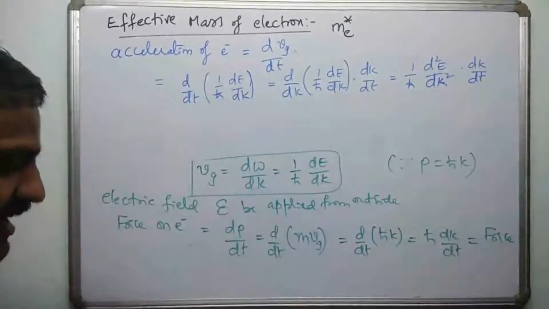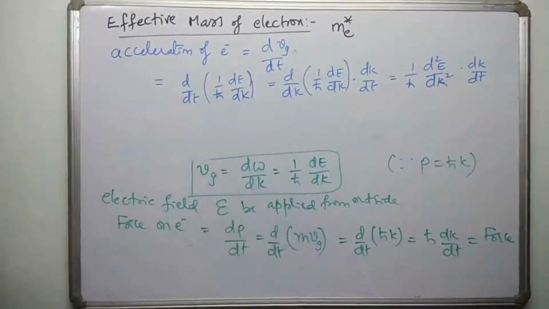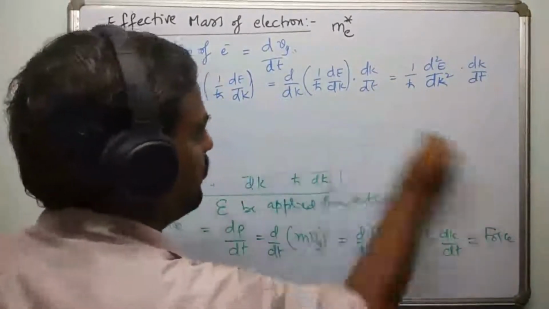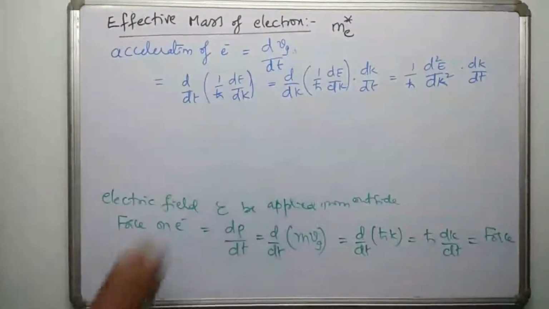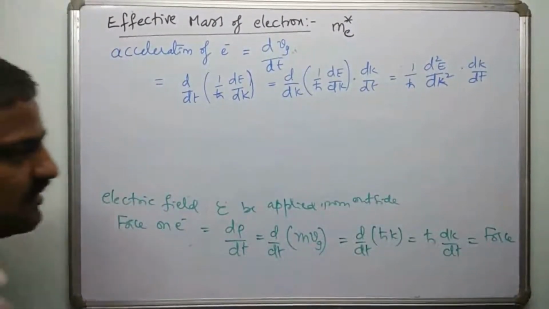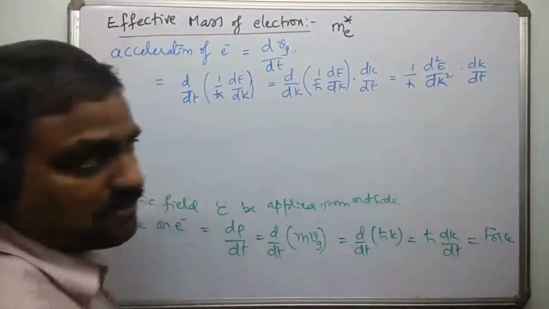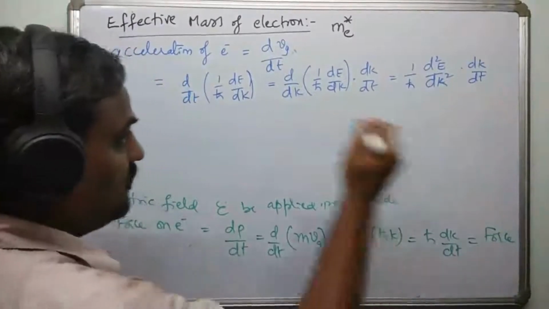This dk by dt, I'm going to erase now. For dk by dt, I can use this expression. After all, dk by dt is nothing but force divided by h cross.